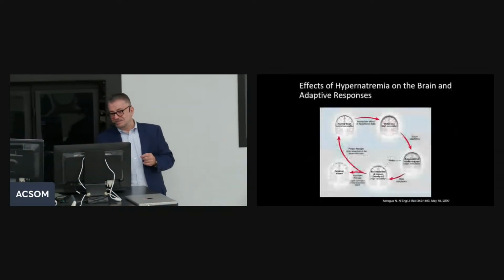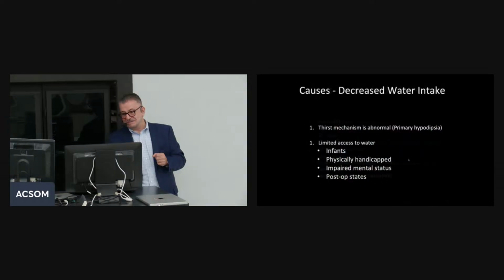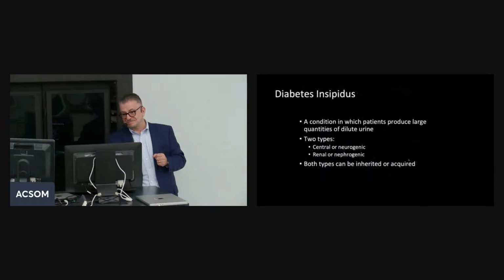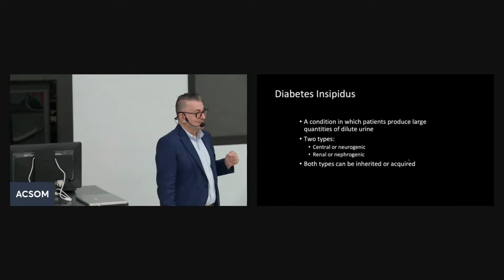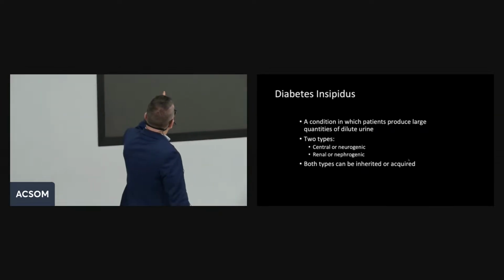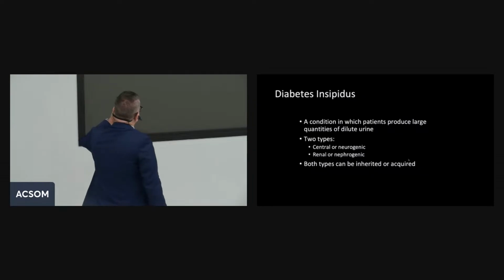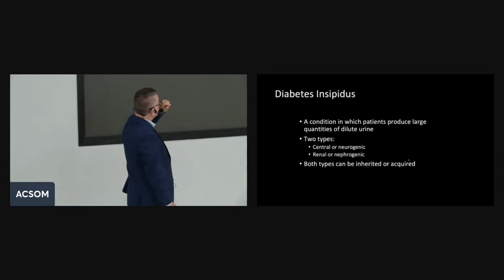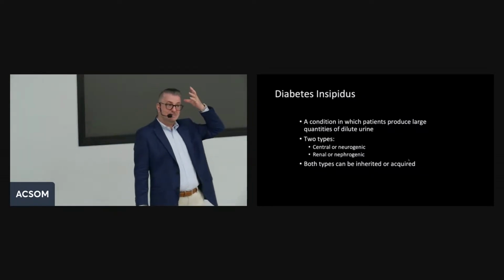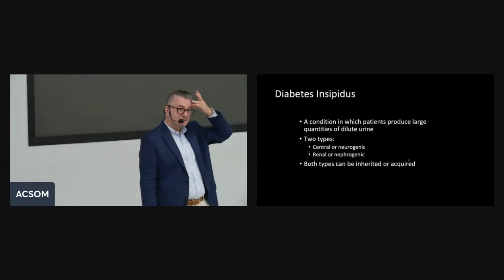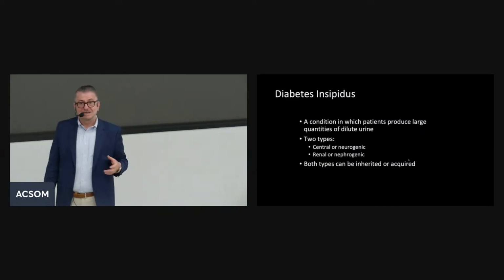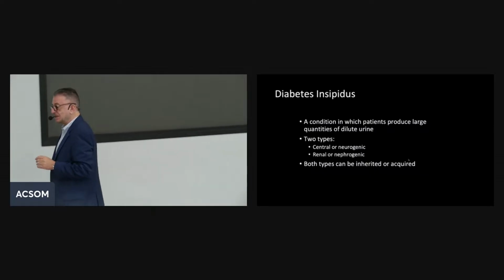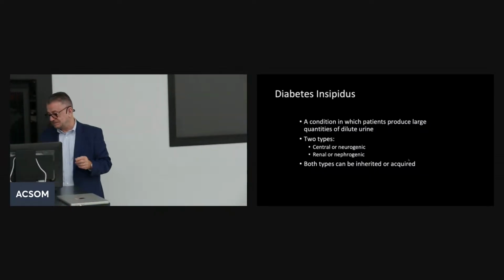All right, let me just say two different types. Okay, so as I said, there are just two types of problem with ADH, or diabetes insipidus: central or renal, also called nephrogenic. Central means that ADH is not appropriately getting stimulated in the hypothalamus, and nephrogenic means that it's not responding to ADH.